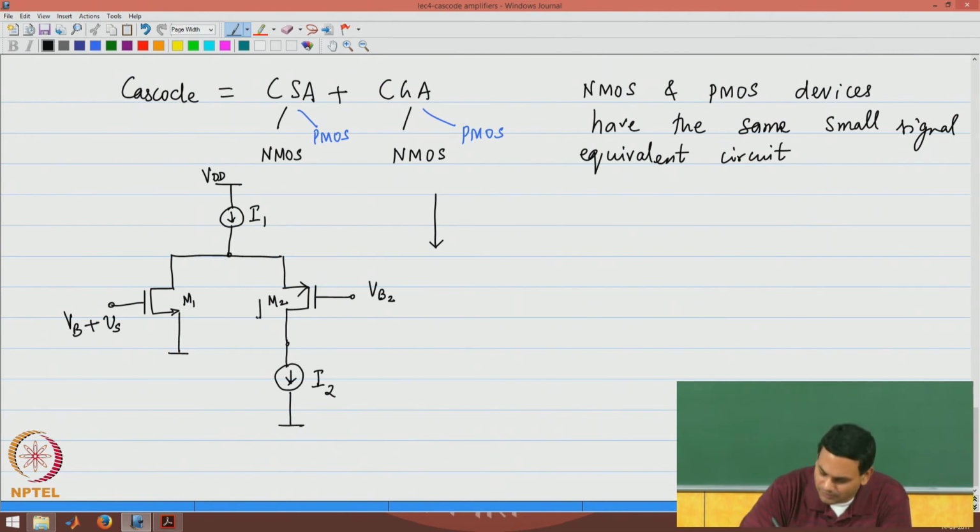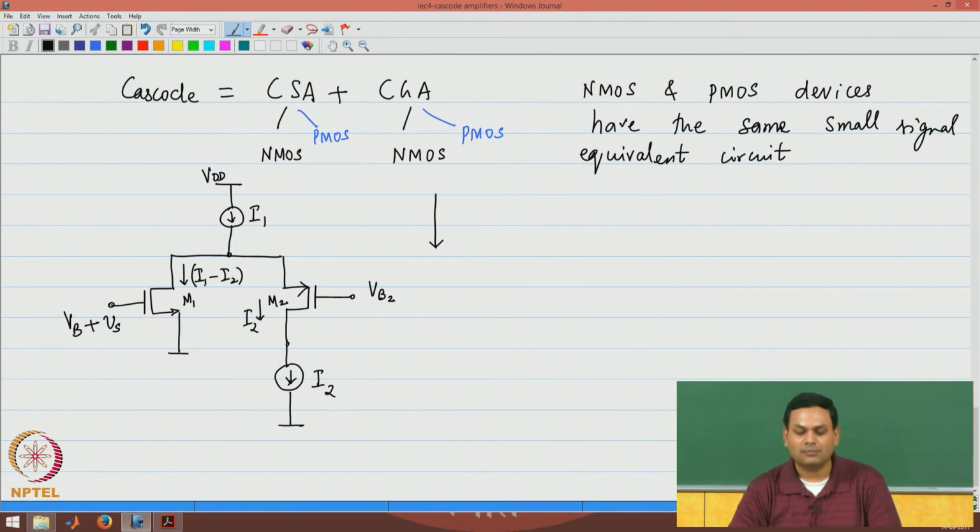That is simply I2. The bias current of M1 is clearly I1 minus I2. So, the NMOS transistor is biased at a current I1 minus I2, and therefore, VB1, the bias voltage for the NMOS device, should be chosen appropriately.